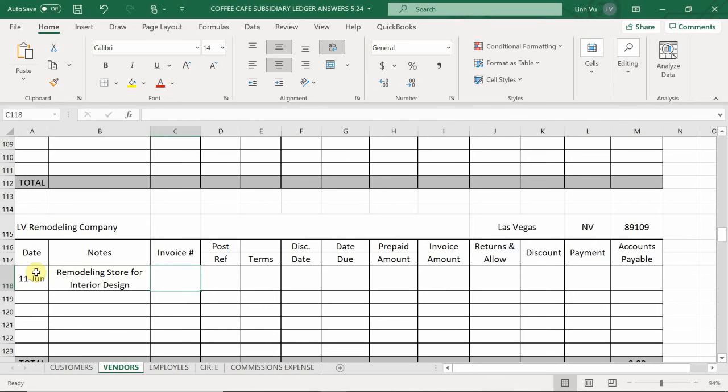Invoice number 1754. This transaction happened on the 4th journal. Now, did they give us terms?